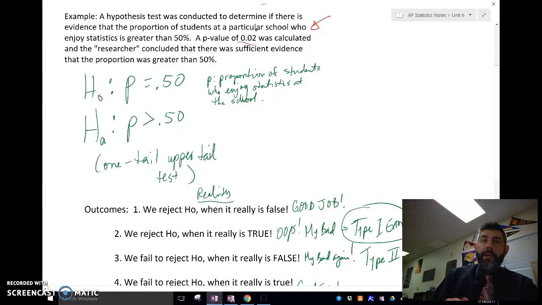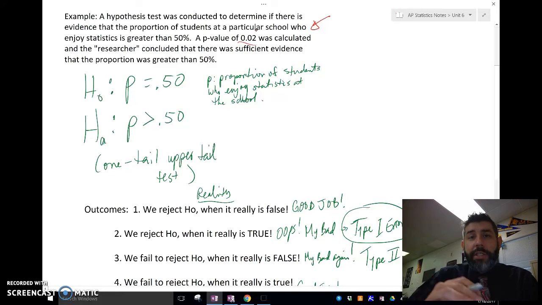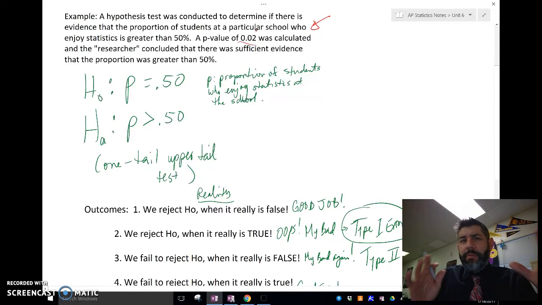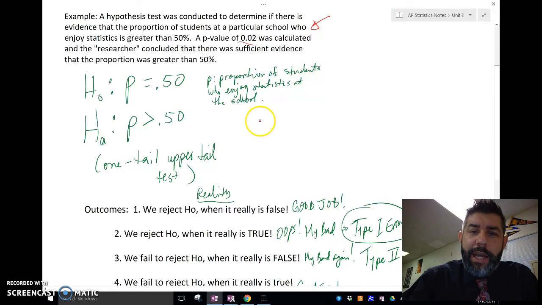Well, 2 weeks later, the administration was able to do a census, got every single student that was there, and they found that 49% of all students enjoyed statistics.